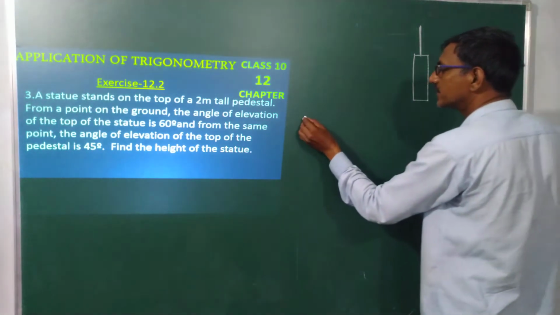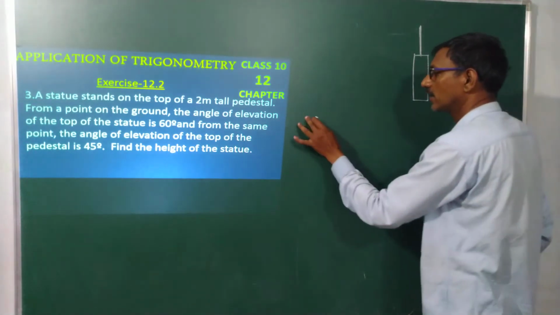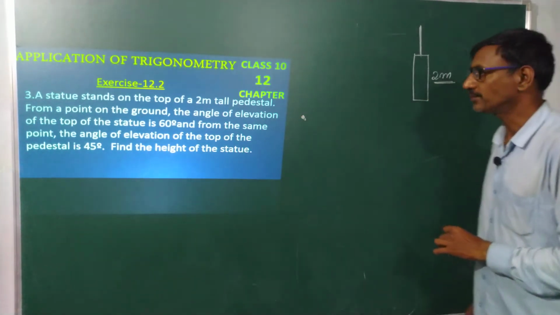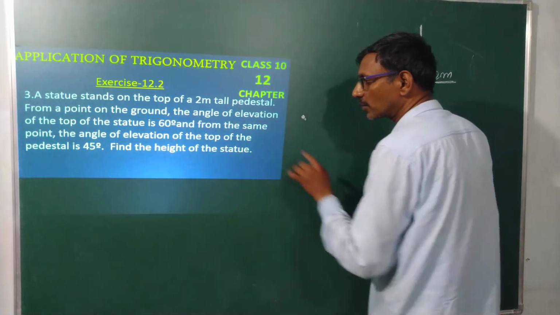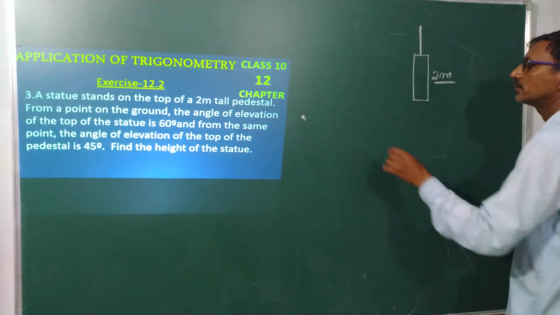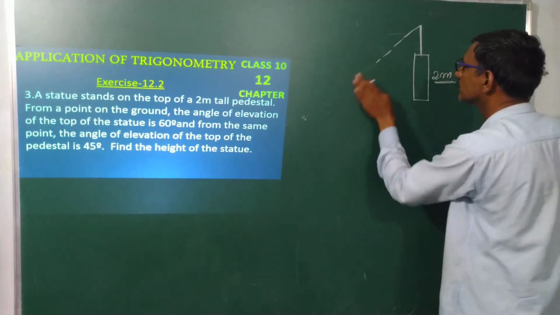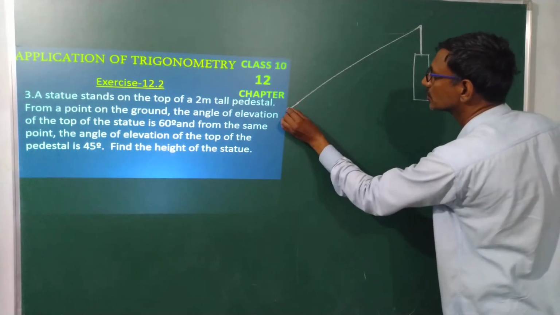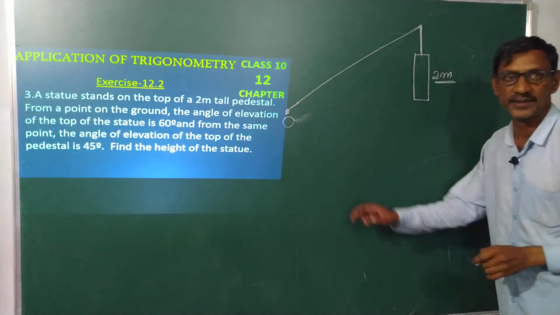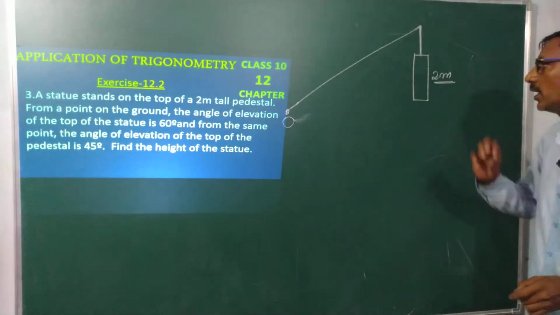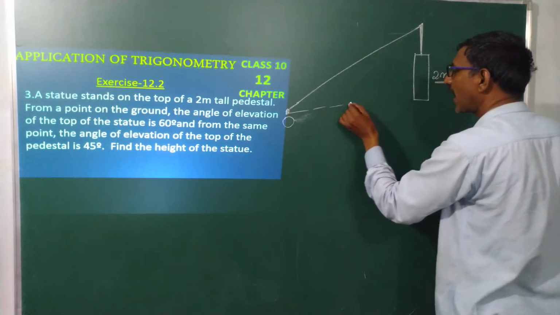From a point on the ground, by observing the statue, the angle of elevation of the top of the statue... Suppose this is my point on the ground, O, which is the observer. This vertical line represents the total height of the pedestal plus statue.